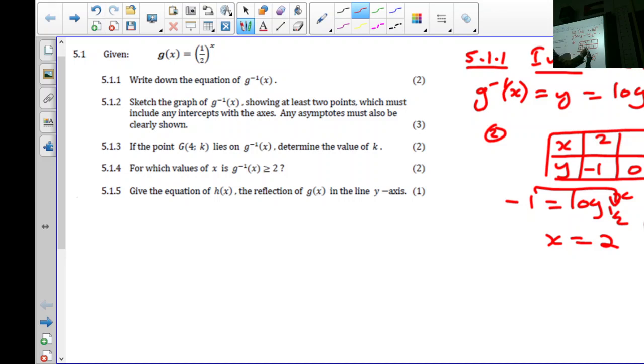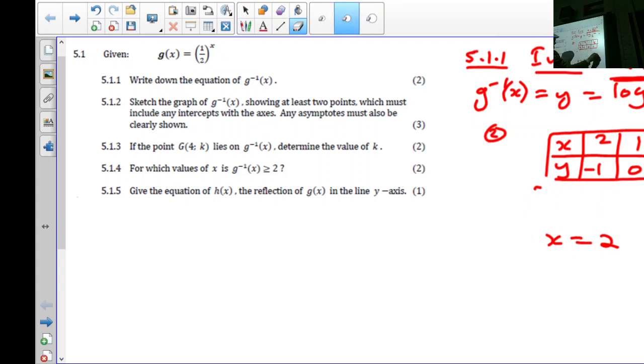Or I could use this here. It would be much easier, because then x would be equal to a half raised to the y, and y is 0 here. So half to the 0 is 1. If I put 1 in here, then I get x is equal to a half to the 1, which is half.